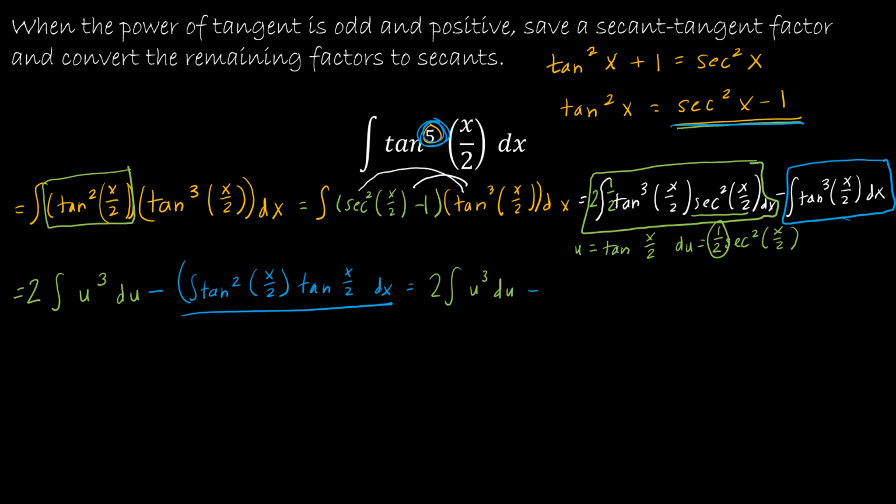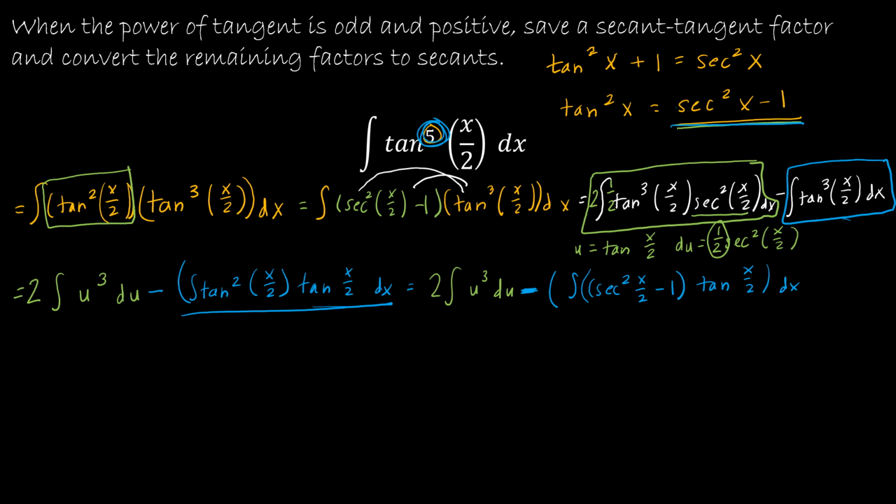So now I have minus, again, parentheses, so everything to the right is going to be subtracted. So tangent squared x over 2 is now secant squared x over 2 minus 1, and then still times tangent x over 2 dx.